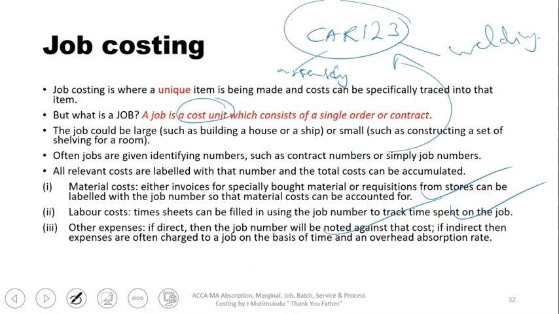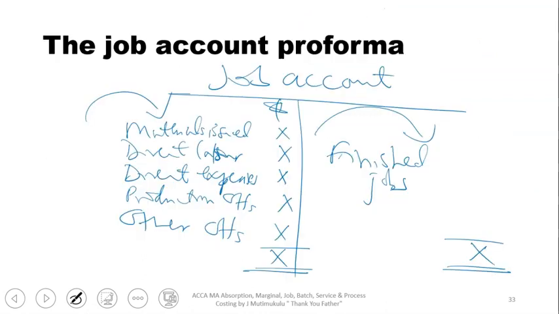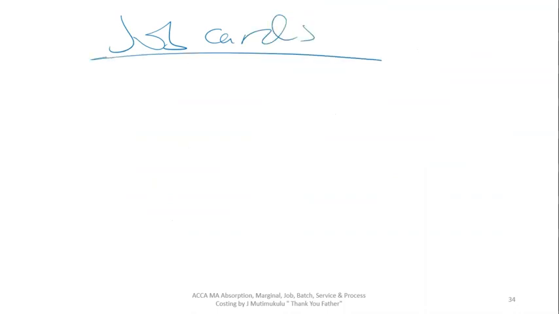We have also talked of the coding, that jobs are given numbers. There could also be what are called job cards.